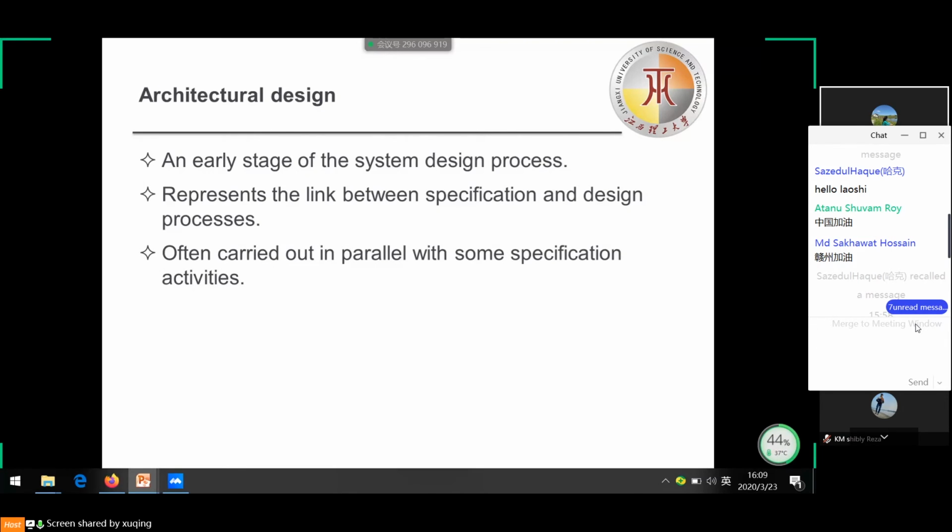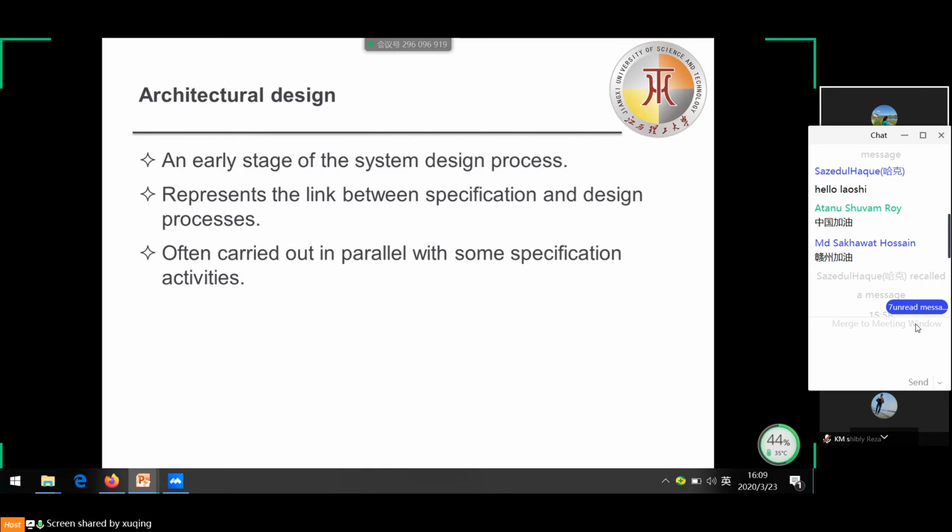It is often carried out in parallel with some specification activities. In practice, between the processes of requirements engineering and architectural design, there is a significant overlap.